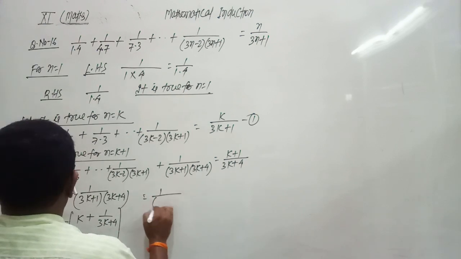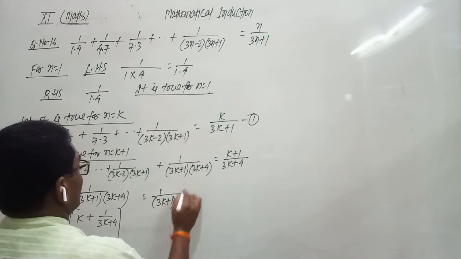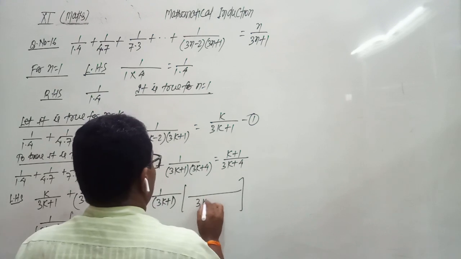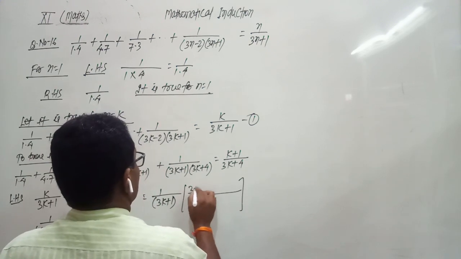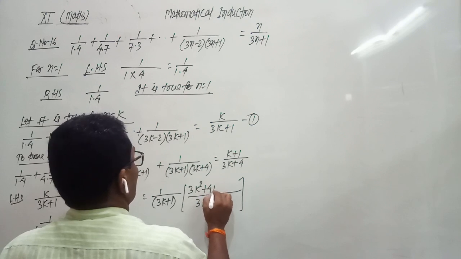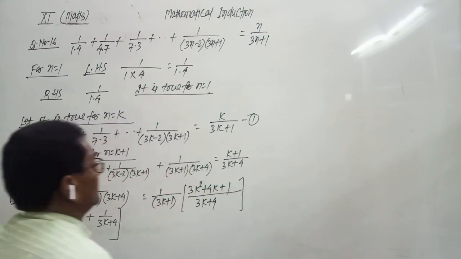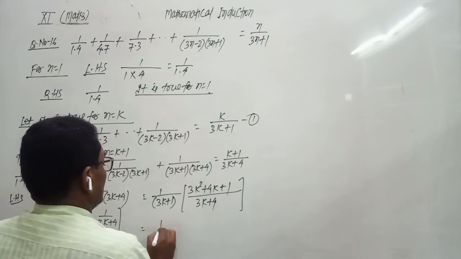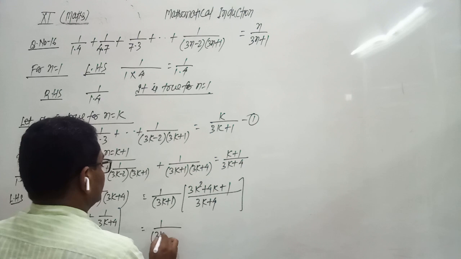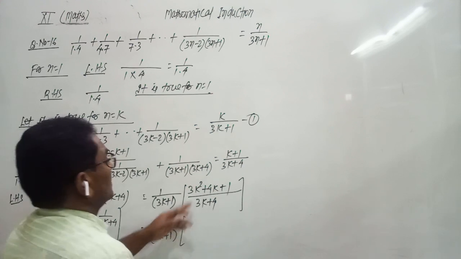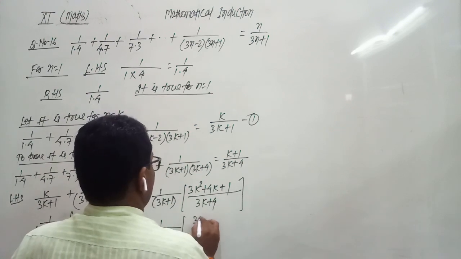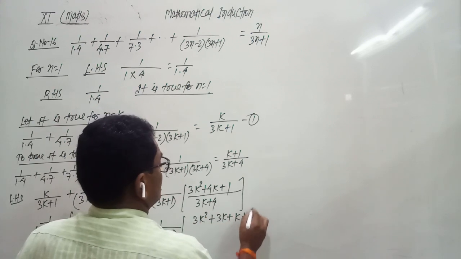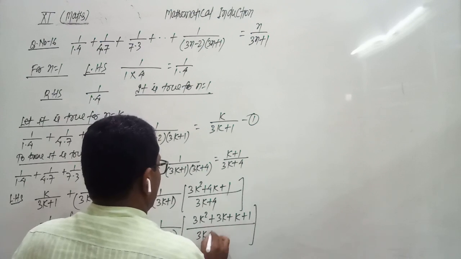So 1 upon 3k plus 1, and by taking LCM we get 3k plus 4. So 3k square plus 4k plus 1, and this would be by making the factor. This can be written as 3k square plus 3k plus k plus 1 upon 3k plus 4.